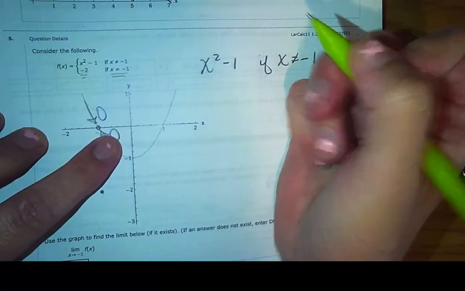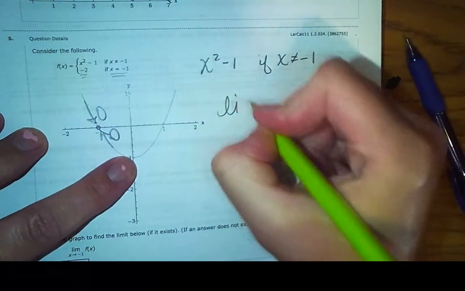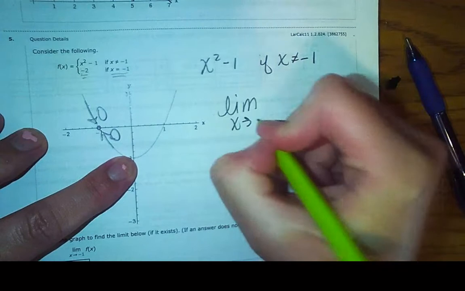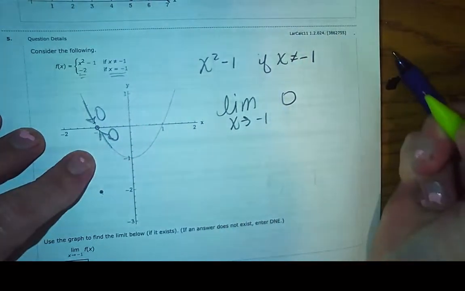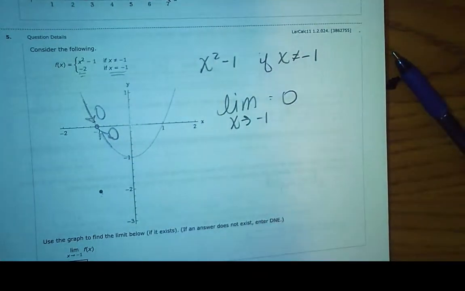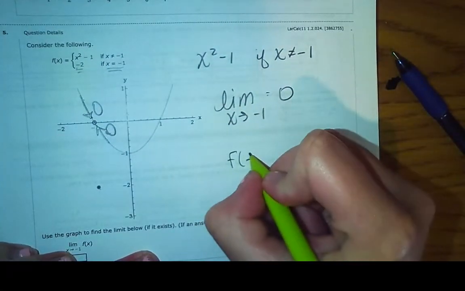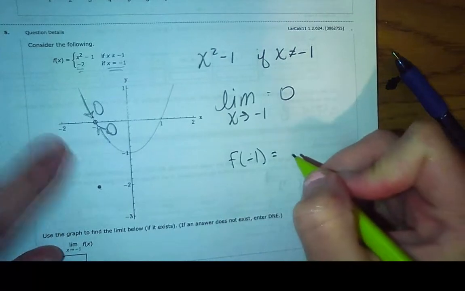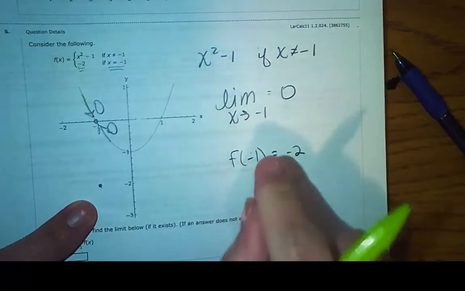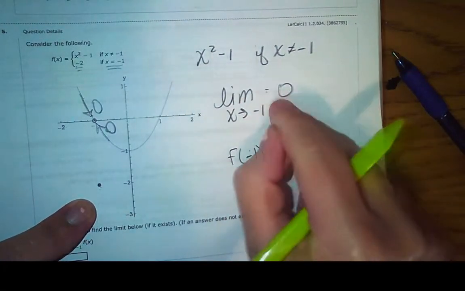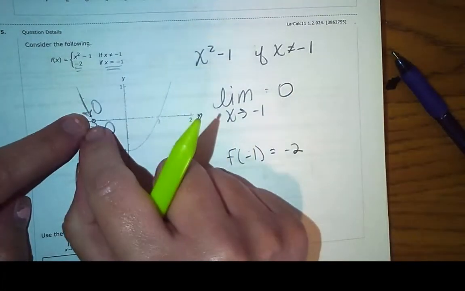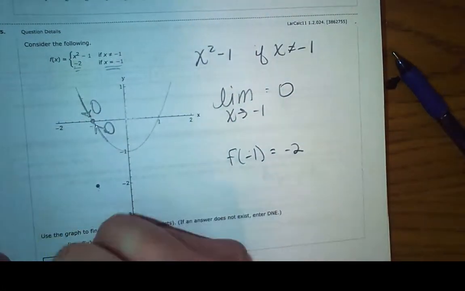I'm creeping up to 0. Does 0 equal 0? Yes. Then your limit as x goes to -1 is 0. But if I asked you what this is if you shove in a -1, your answer would be -2. The value is -2. The limit is 0 because that's what you're creeping up to. So there's a difference. So your answer is 0.